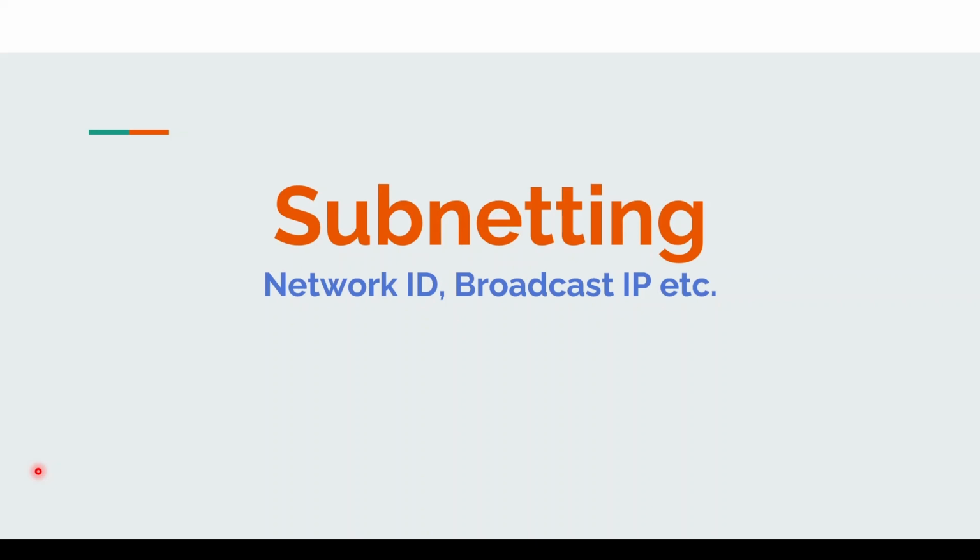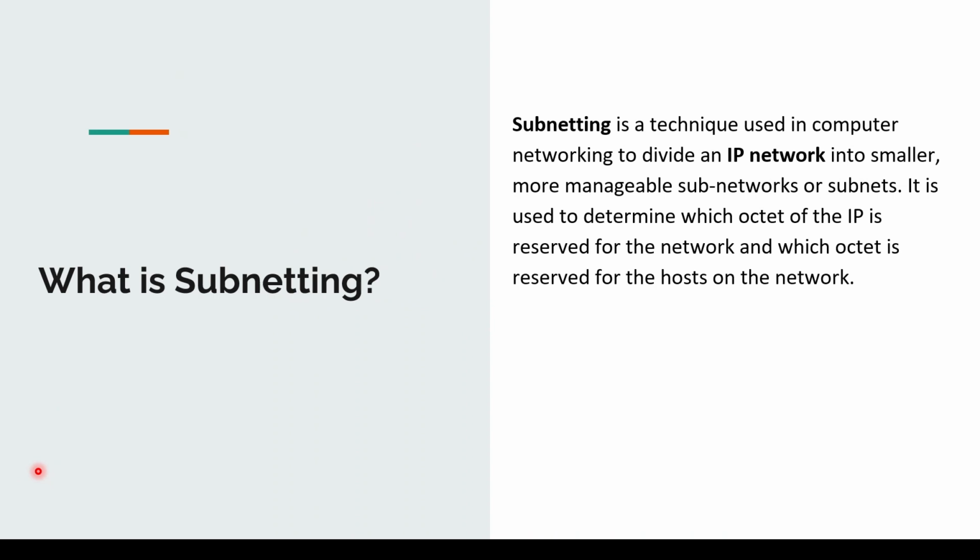But before then, let's look at a few definitions and foundations. So what is subnetting? Subnetting is basically a technique in computer networking that is used to divide an IP network into smaller and more manageable subnetworks.